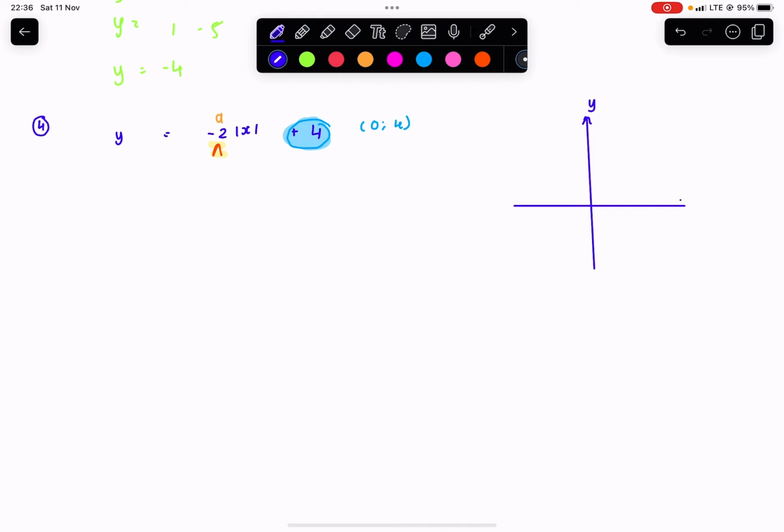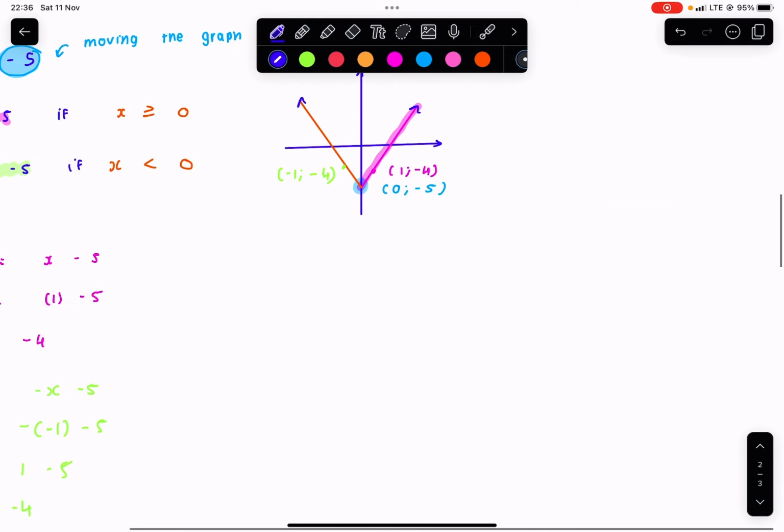Also make sure to label, like what I didn't do.